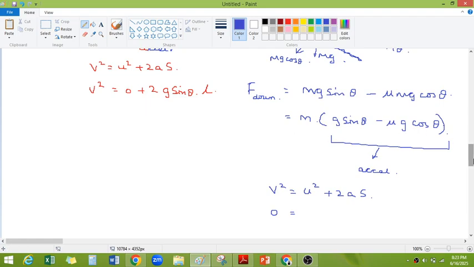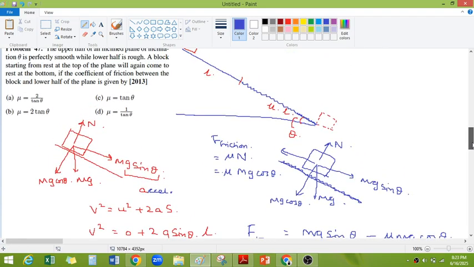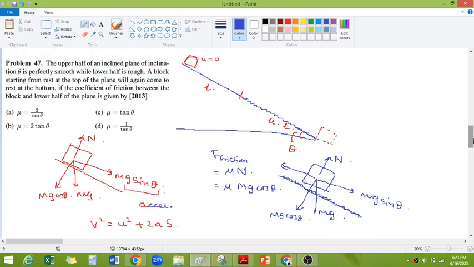If it is not clear, let me explain it one more time, so please listen carefully. Initial velocity is 0, it's coming with the velocity v here, and then again it is coming to a velocity 0. So that means this is the final velocity for this part, and this is the initial velocity for this part.